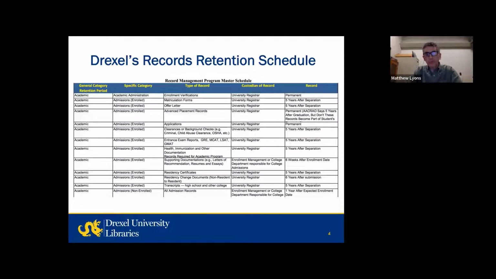The third column, type of record, represents the most detailed level, and this is really the column you would use to look up the retention guidelines for the particular records you're interested in. For each type of record, we then have a specific custodian of record and a specific record retention period designated in the 2 columns at the right.